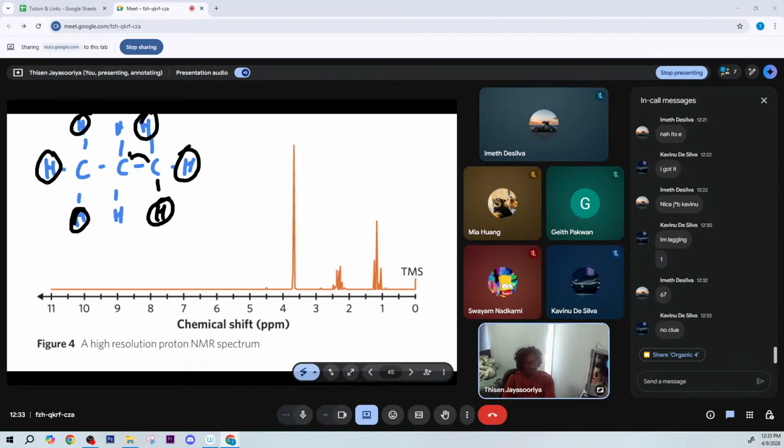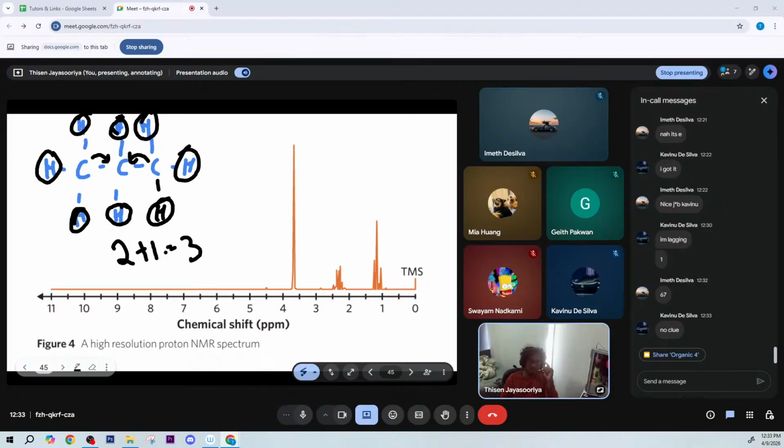But if we look at the adjacent carbon, they both have the same adjacent carbon, yeah? So these H's are going to be the ones that are adjacent to it. So this one's going to have a 2 plus 1 split, which means it's going to have a splitting pattern of 3, a triplet.